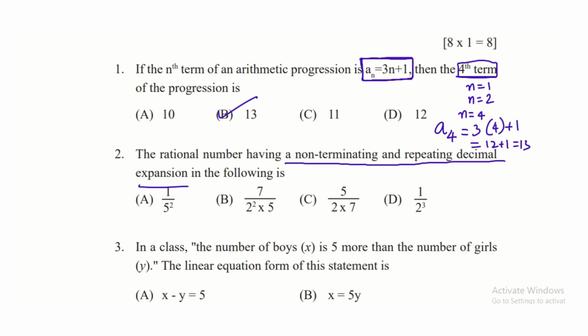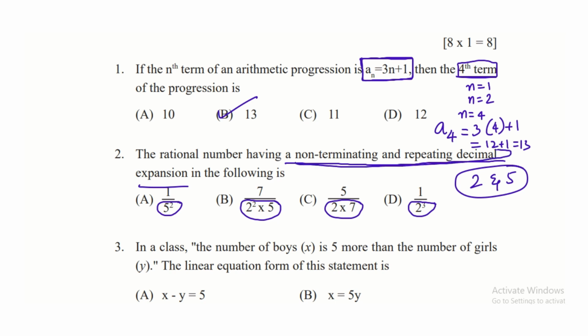If the prime factorization of the denominator contains any factor other than 2 and 5, then such a rational number will have a non-terminating and repeating decimal expansion.